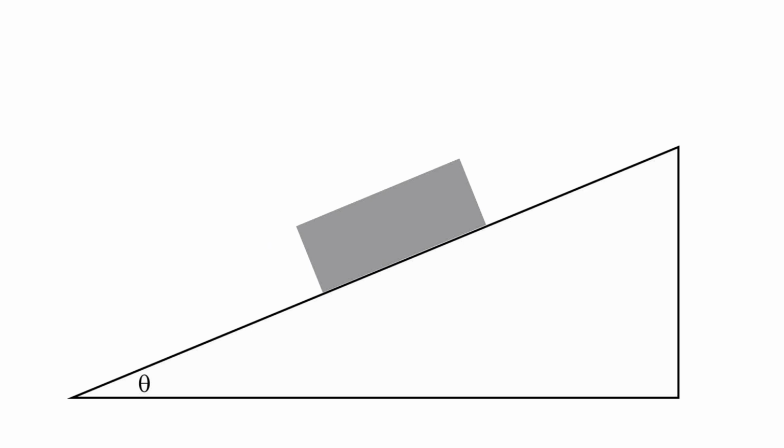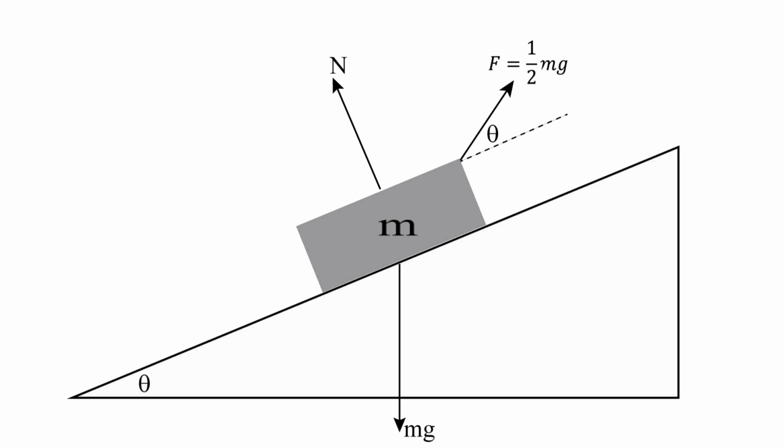There's the applied force F, which is equal to half mg, at the angle shown, as required by the problem. Mg, that's the force the Earth exerts on the block, that's the weight, and that always acts vertically downwards. There's the normal force, and the normal force is the force the slope exerts on the block, and that's always at right angles to the slope.